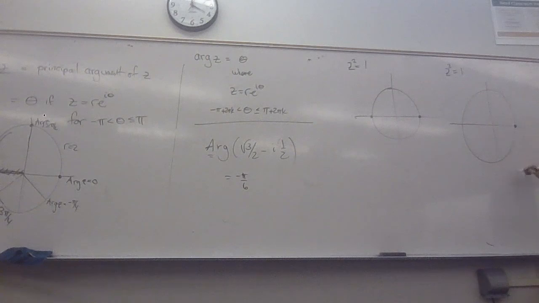Then if you had 2 pi over 3, and you cubed it, the 3's would disappear, and you get e to the 2 pi i. So 2 pi over 3 should be 1. Well, where's the other one? Where are these?